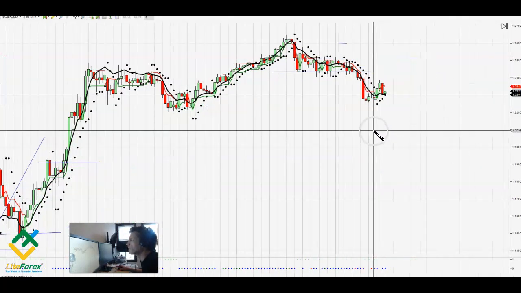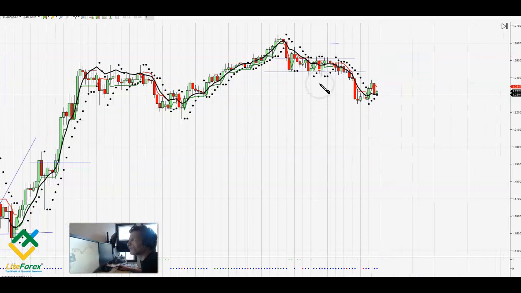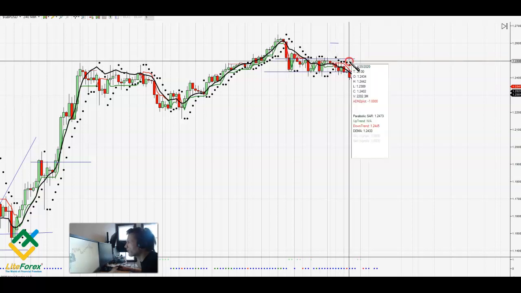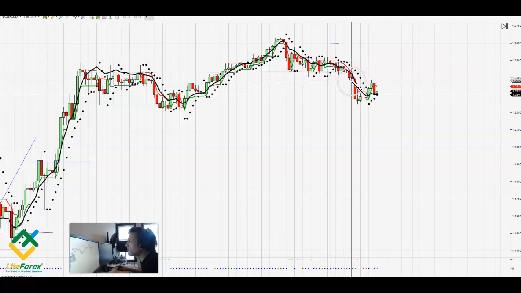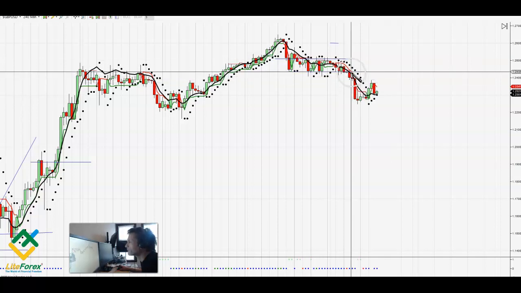You can just look at the 240. Just like I looked at on the 240 with the euro, we were going sideways, and you can see how this broke down at 22:00 on April 20th. That's where you would go short.